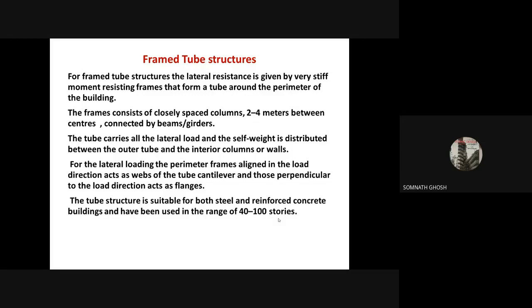So if you design a purely steel building and an RCC building, you are not sure which one will give you the best result, at least up to a 100 story building. Of course, beyond that, you have to think about the structural system basically, and then the material also. And then ultimately you will be able to arrive at a particular solution.